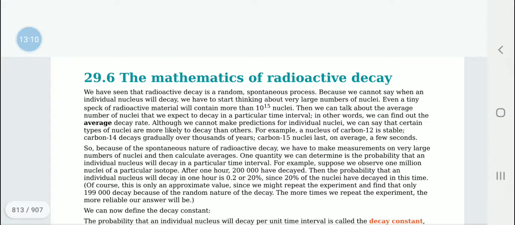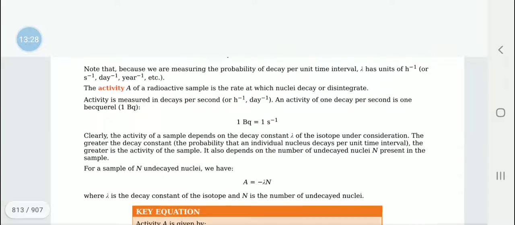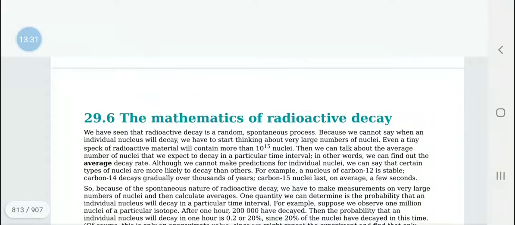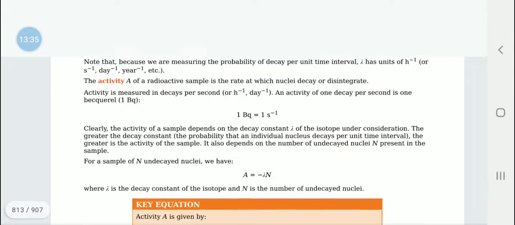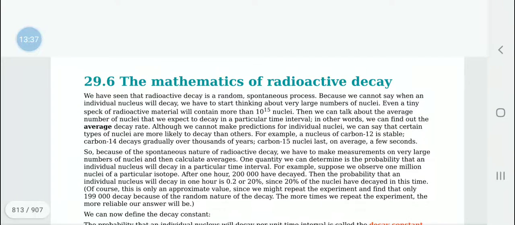Now, for example, if we take 1 million nuclei of a particular isotope, and we figure out that over 200,000 have decayed during a certain period of time, let's say an hour, so we know that the decay rate is 0.2, or 20%, per hour.